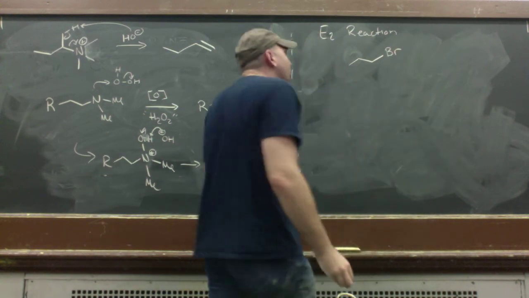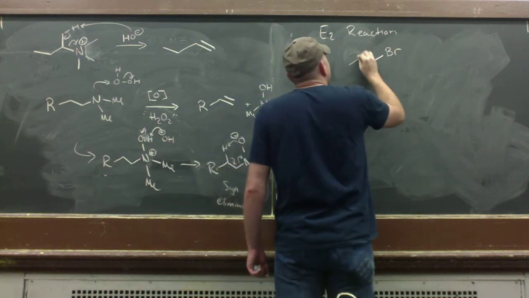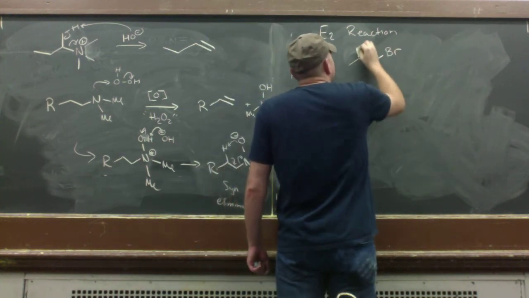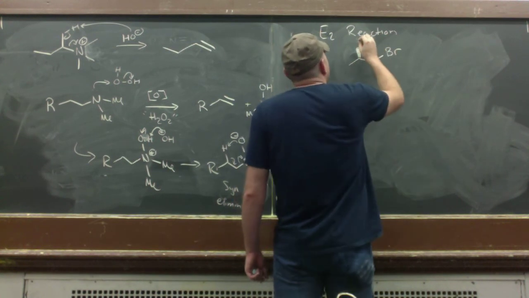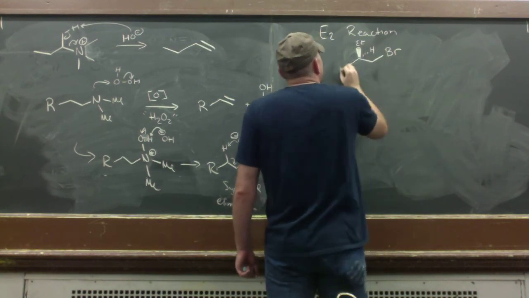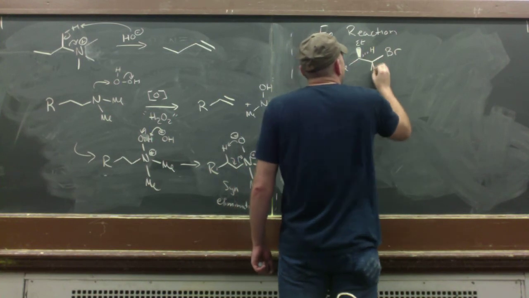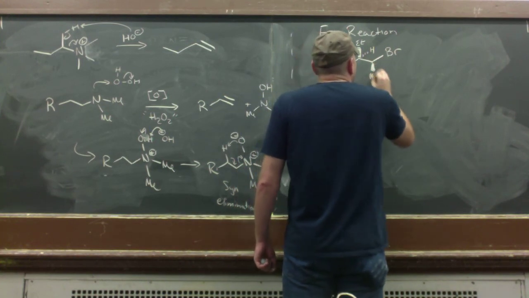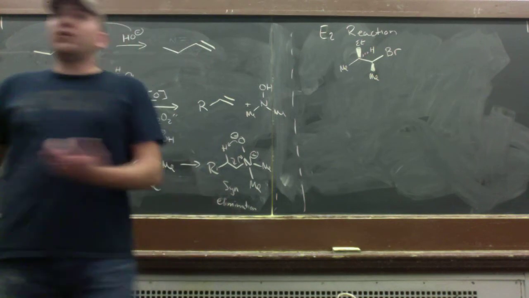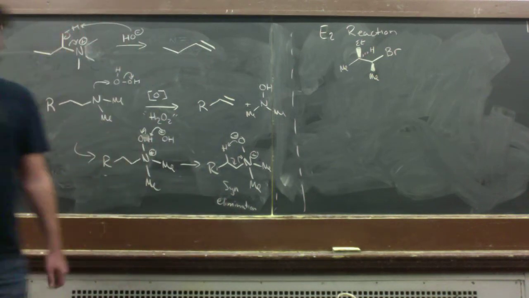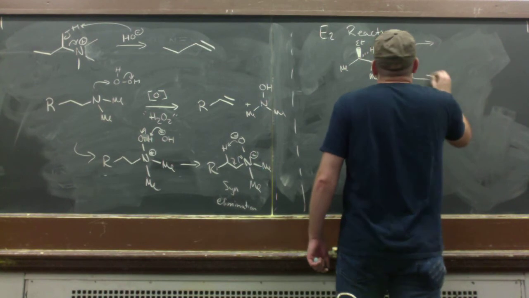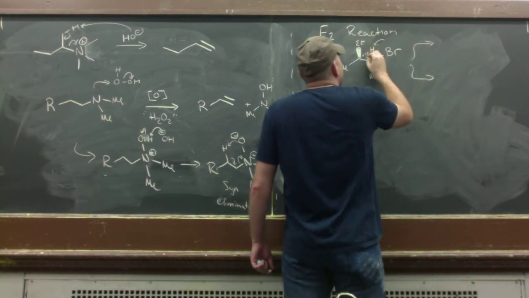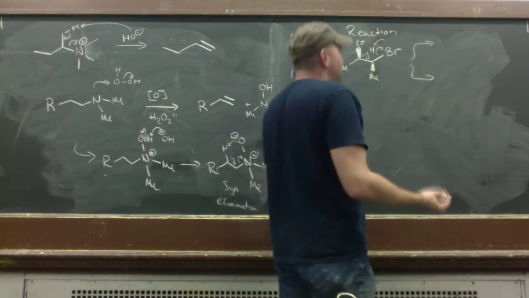So if we have an alkyl bromide and we start putting some substitution onto this molecule, let's put a proton there, an ethyl group here, a methyl group here, and maybe a methyl group here. When this elimination takes place, you should be able to see fairly easily that we're going to generate one of two compounds.